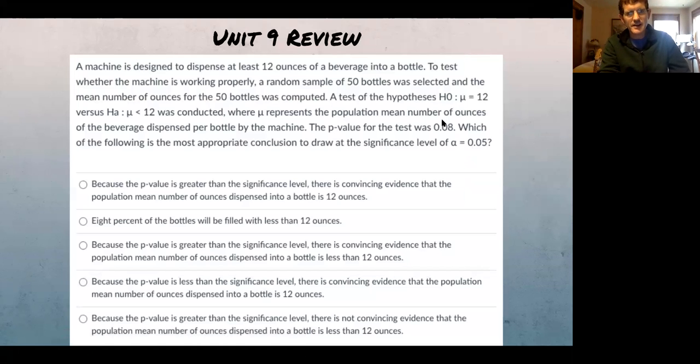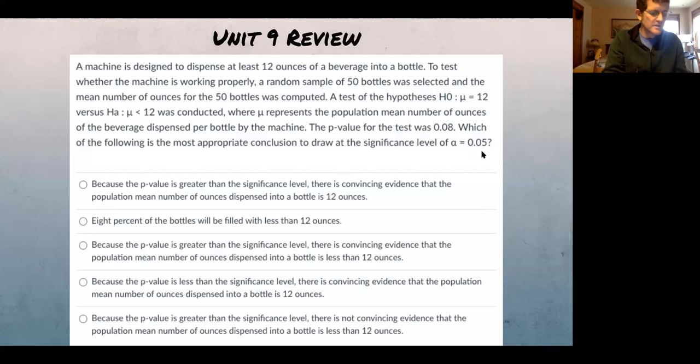The first one is asking us to interpret the conclusion, which in essence is asking us to interpret a p-value. Not exactly. There could be a different way of interpreting a p-value, which is the probability of getting the test statistic that you got or more extreme, assuming the null hypothesis is true. This is asking us to interpret the conclusion.